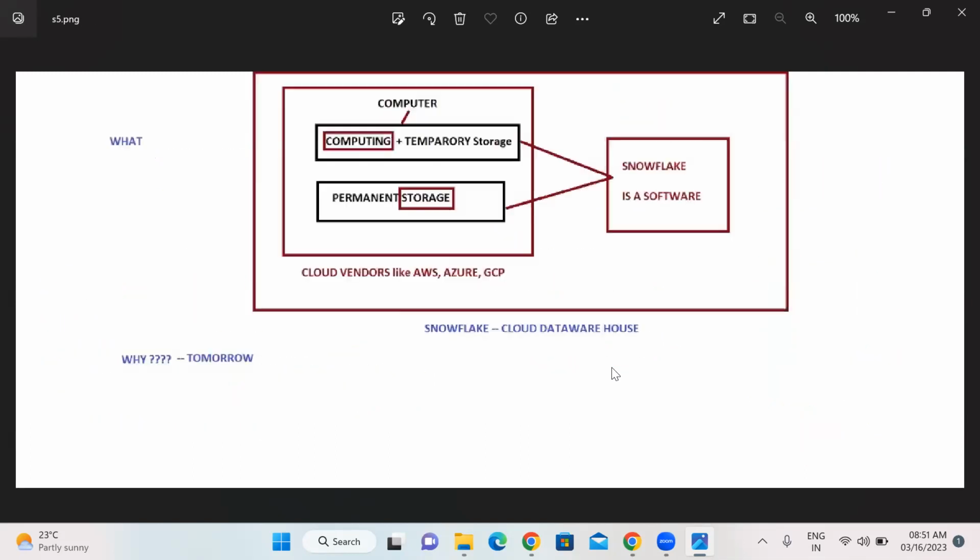That means AWS is providing resources to Snowflake and also has its own data warehouse product. Azure provides resources to Snowflake and has its own product called Synapse. GCP provides resources to Snowflake as well as its own product, BigQuery. Got my point?